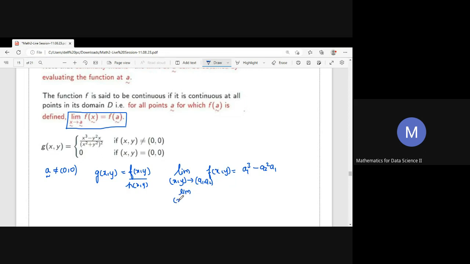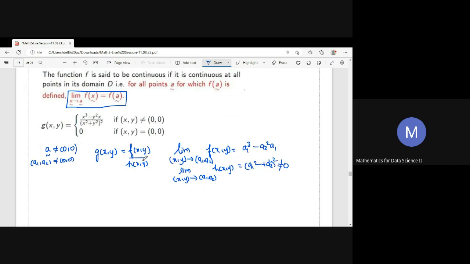And what about the limit as x comma y goes to a1 comma a2 of h of x comma y? It is a1 square plus a2 square, the whole square. And we have assumed that a1, a2 is non-zero, so at least one of them is non-zero. In that case, will this also be non-zero? Yes. So the denominator limit also exists and it is non-zero. So you know that the limit of this function g of x comma y as x tilde goes to a tilde is simply g of a1, a2.